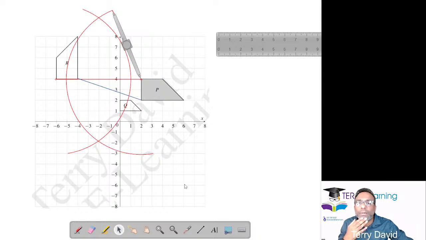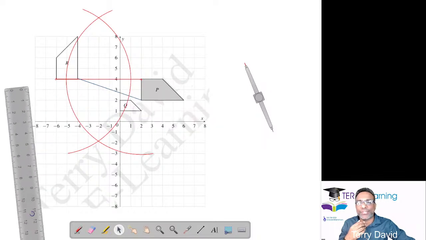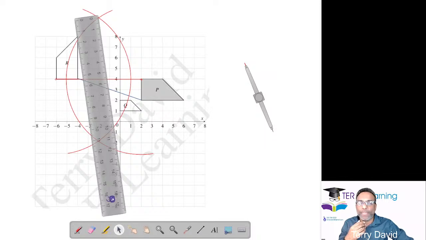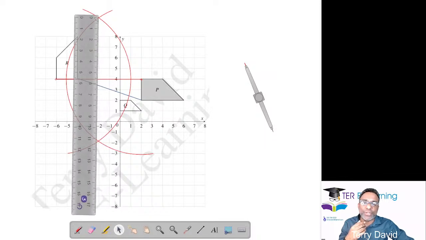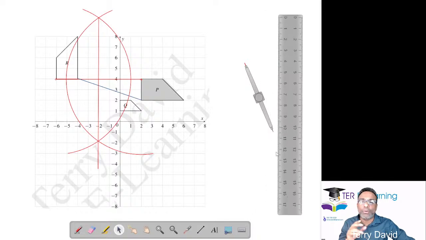The next thing we do is draw a line passing through those two intersections, and that's going to be the perpendicular bisector of the original red line. So let's draw this here. Right, so I have one perpendicular bisector here.